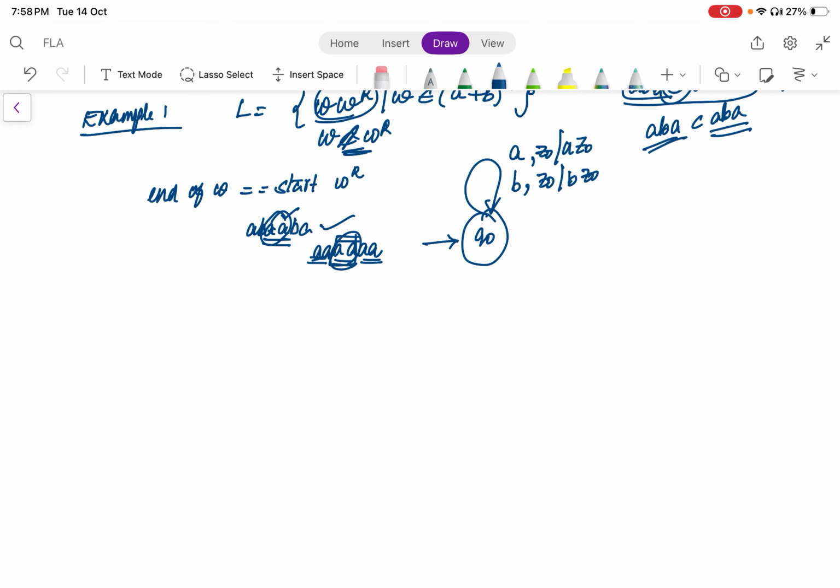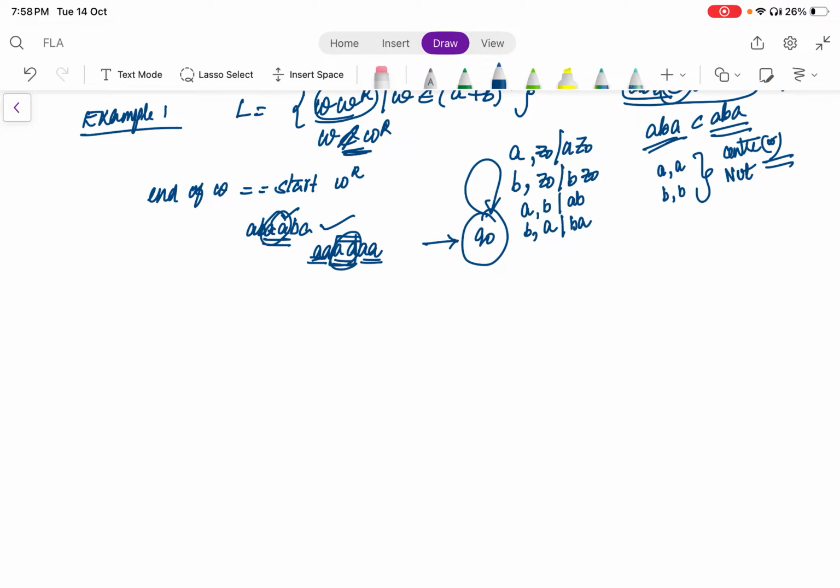Here there are two more transitions that you need to write. For the second symbol, if the input symbol is A and the top of the stack is B, you push it. Or if the input symbol is B and the top of the stack is B, then you push it again. There are two more possible transitions which we saw in the previous example: the input symbol is A and the top of the stack is also A, or the input symbol is B and the top of the stack is also B. This either means the center has been reached or not.